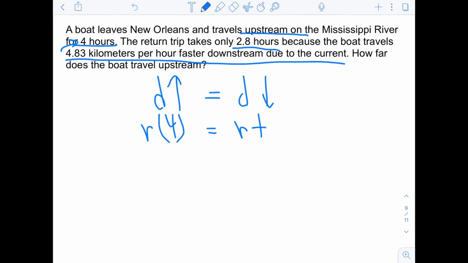And for downstream, we know that the time is 2.8 hours. And we don't know the rate, but we do know that the rate is 4.83 kilometers per hour faster downstream. So it's the upstream rate plus 4.83.